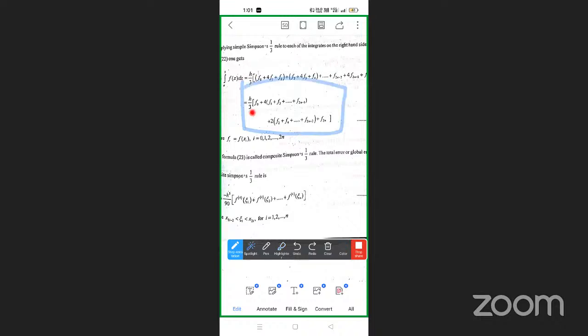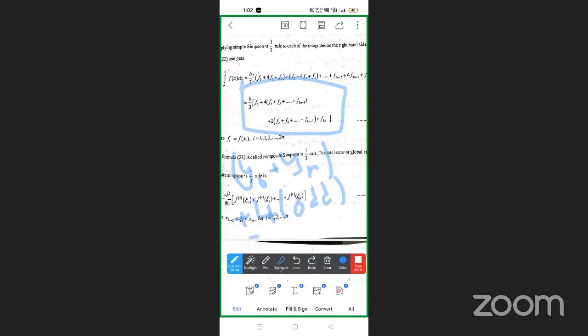Simpson's 1 by 3rd rule: h by 3 into the first term plus last term, that is y naught plus yn, plus 4 into the odd terms, f1, f3, f5, f7, f9 up to f n minus 1, plus 2 into the even terms, f2, f4, f6, f8 up to f n minus 2.